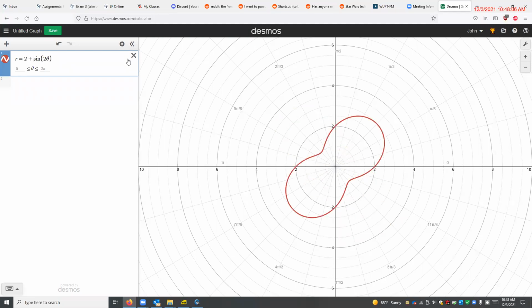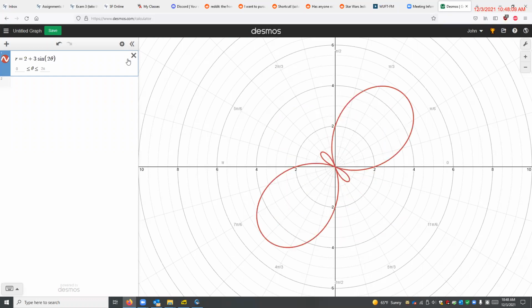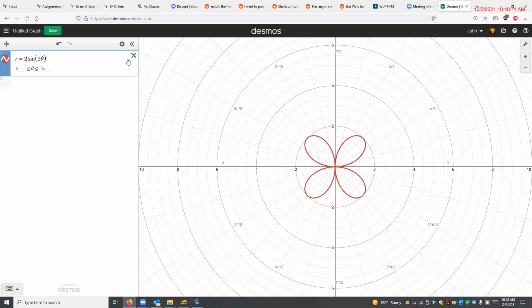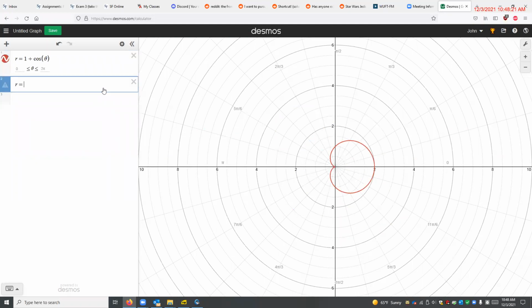Or 2 plus, all sorts of weird things, right? So I invite you to play with these. The cardioids, like 1 plus cos theta, or 1 plus sine theta, follow nice predictable patterns in the same way that the petal graphs do.